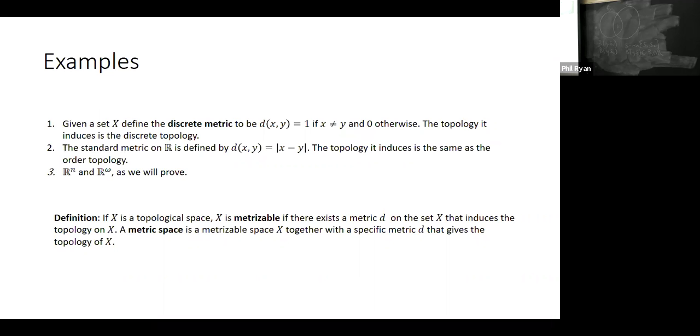Okay. As I said, this is going to be important. So it's nice if you have a topology. It turns out that if you can show that there's a metric underlying it, then you've got a whole host of theorems and machinery at your help.